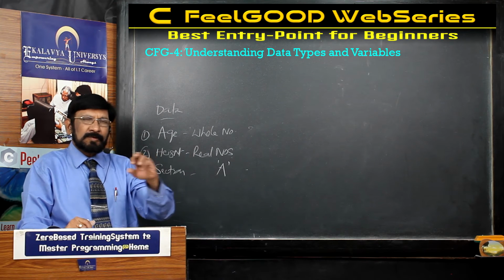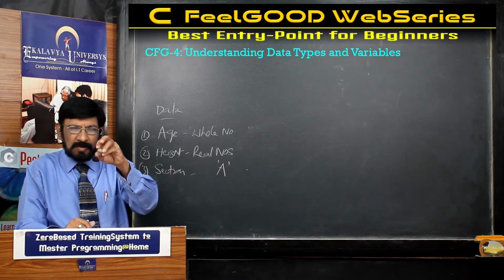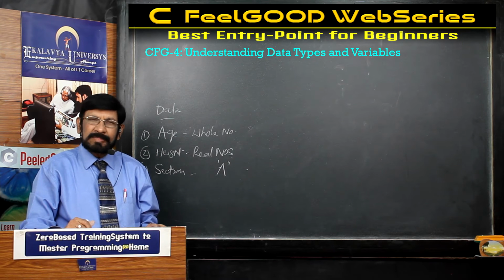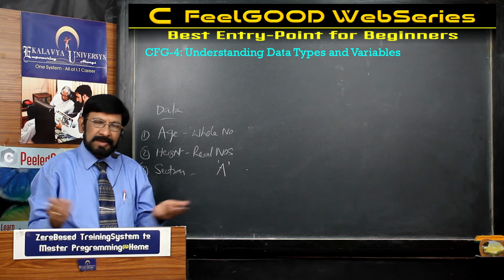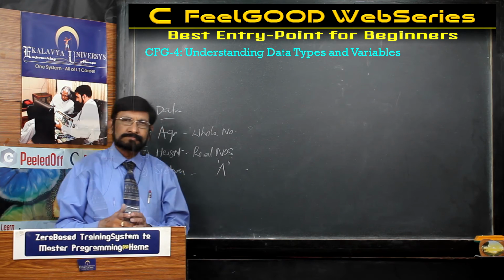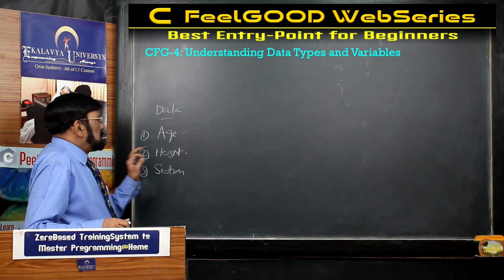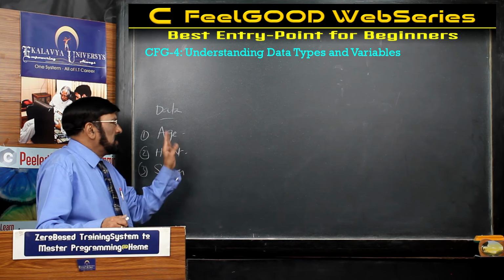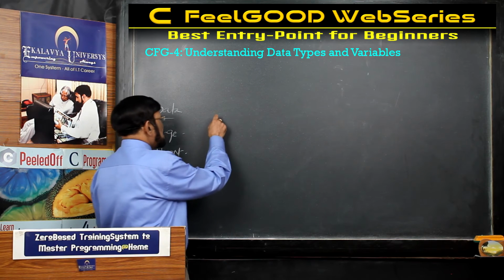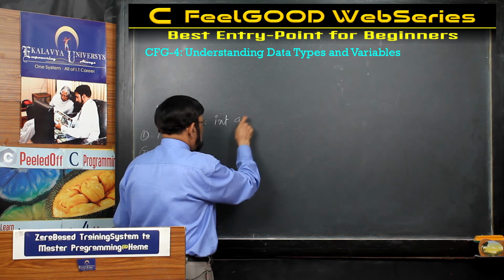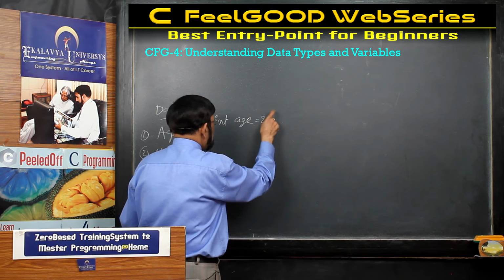Many people, even wonderful programmers, do not know why the variable name is given. Okay, that is a misnomer according to me, but I cannot change that. However, you have to understand the real meaning of it. Why these are called variables in programming, I explain that you understand. Suppose I am writing like this: int age = 20.